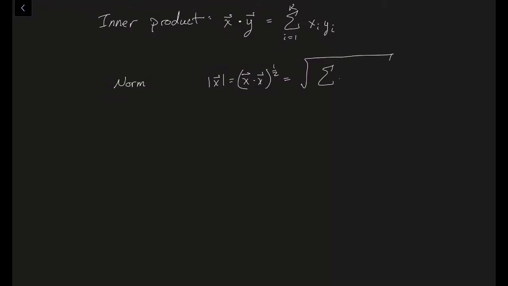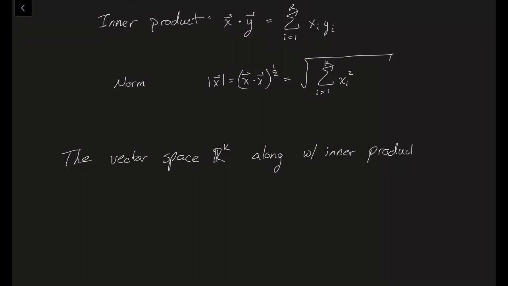And we can also put a norm on this space. The norm of x is x dot x, the inner product of itself, square rooted. So it's the sum of each coordinate squared, and you take the square root once you're done with it.